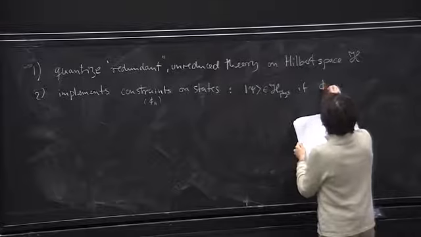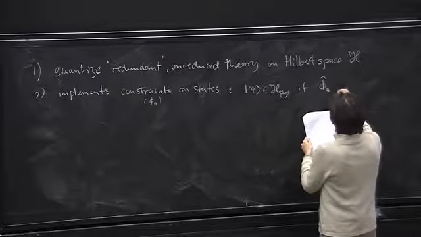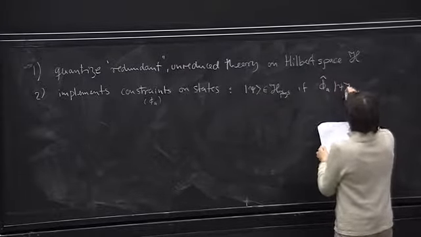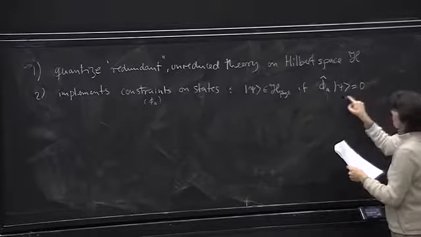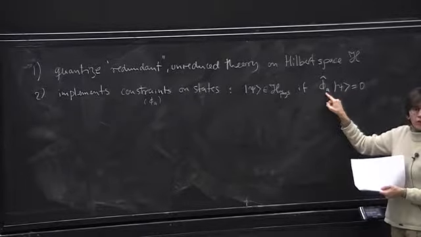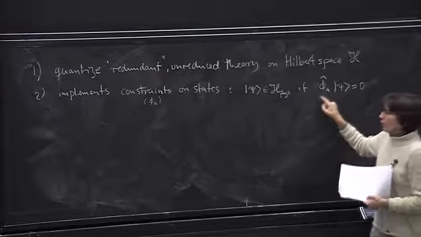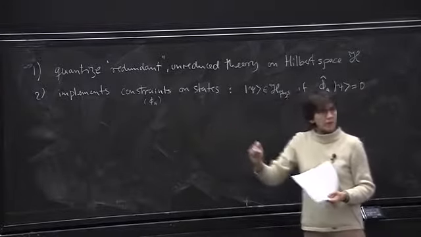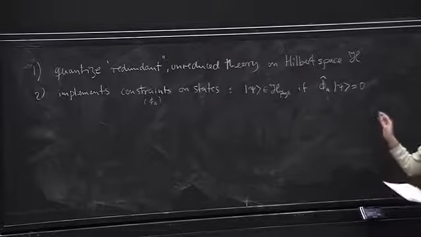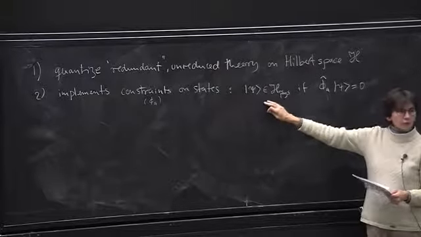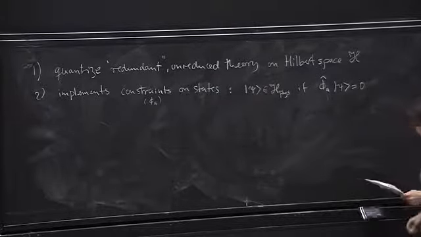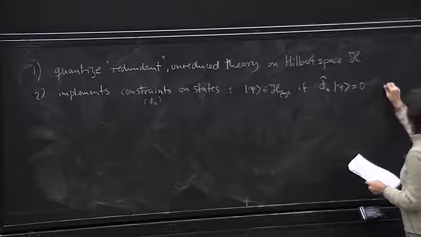Namely, if they are in the kernel, or as one also says, are annihilated by each one of the quantized versions of these classical phase space functions. So that determines, hopefully, a sensible subspace of my Hilbert space, for all constraints A.